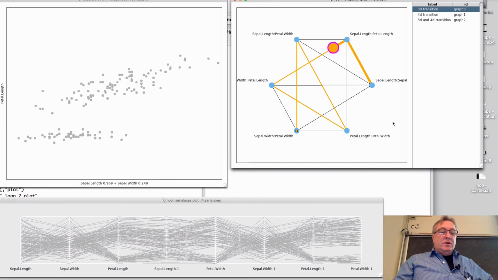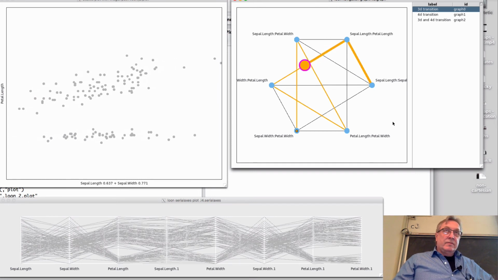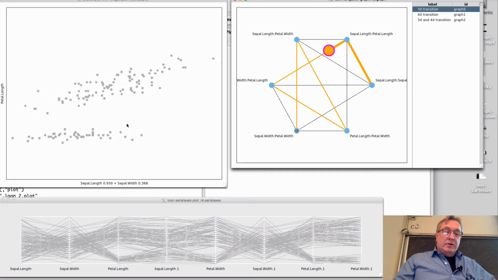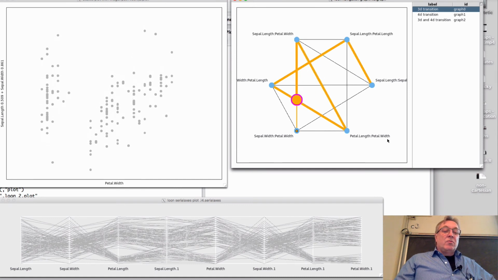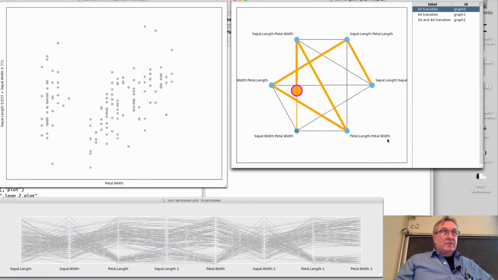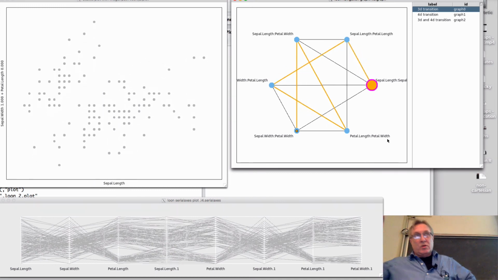And as I continue on, I'm suddenly in a different space. So I'm moving through this four-dimensional space through a whole bunch of 3D transitions, kind of a wormhole through a bunch of three-dimensional subspaces.